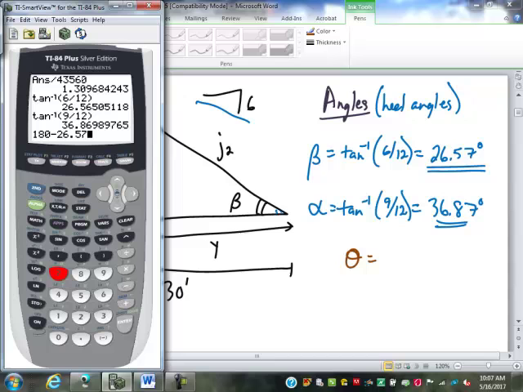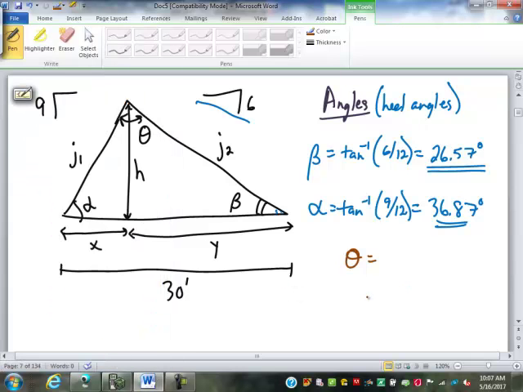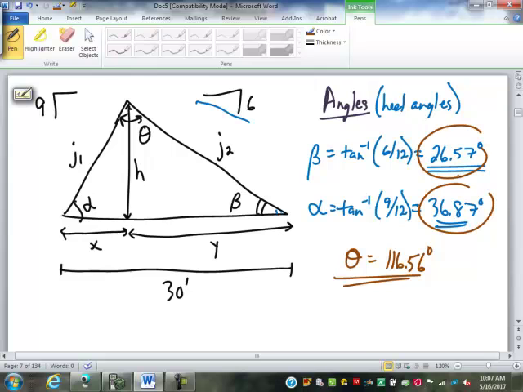There you go. Okay, just take 180 degrees and subtract each of these two. Okay? Because the whole triangle has to be 180 degrees.